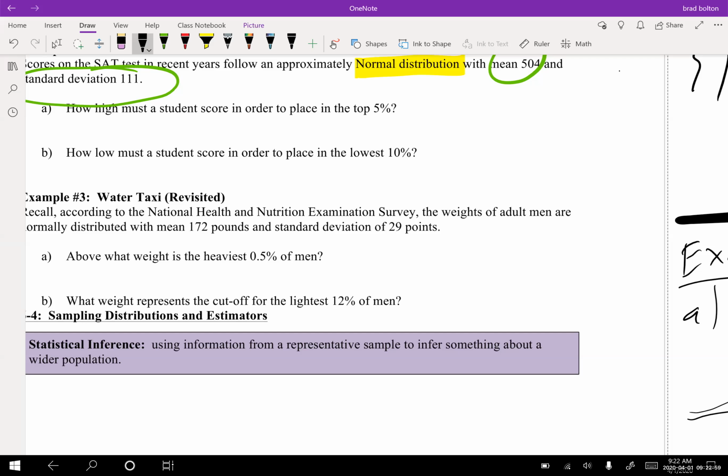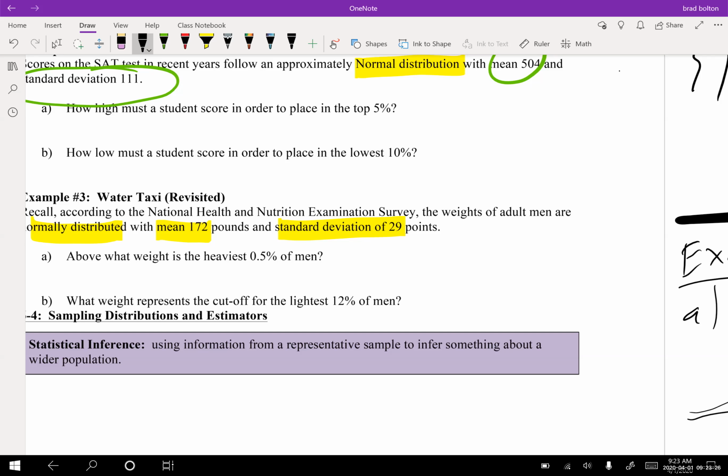It says, recall, according to the National Health and Nutrition Examination Survey, the weights of adult men are normally distributed with a mean of 172 and a standard deviation of 29. So again, we're happy they gave us normally distributed, they gave us the mean, and they gave us the standard deviation. These are all extremely important when you're working with normal distribution. It says, above what weight is the heaviest 0.5% of men?